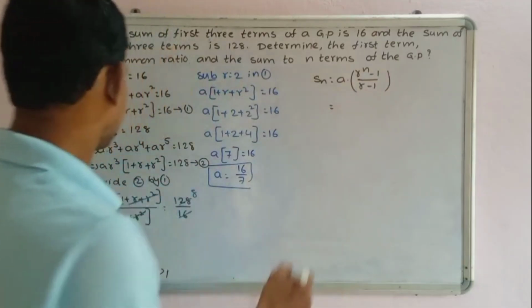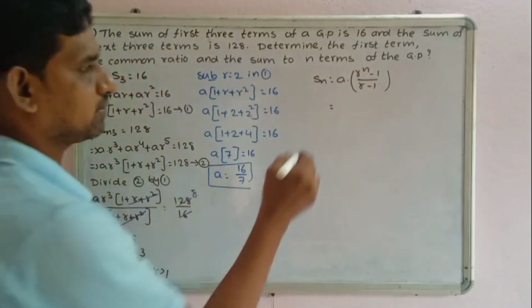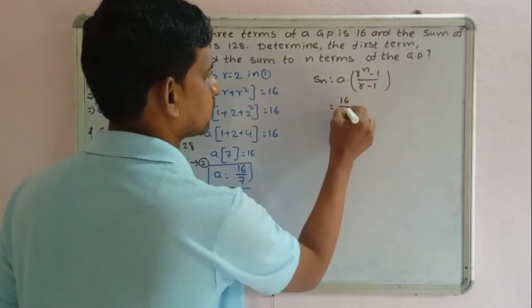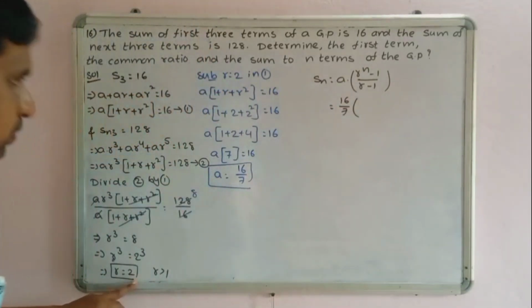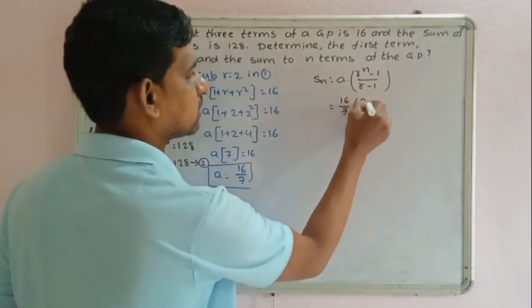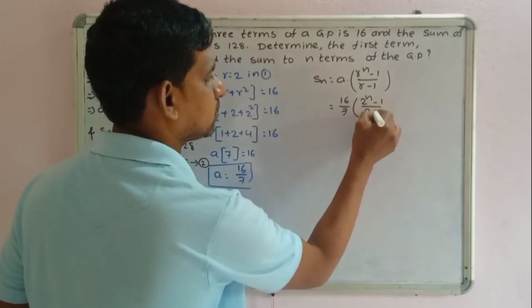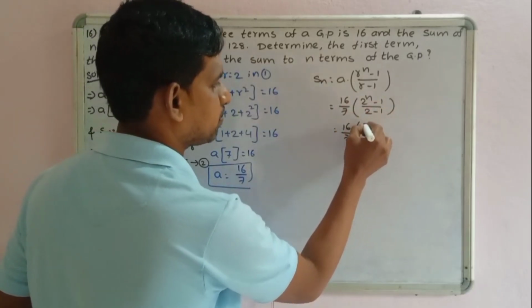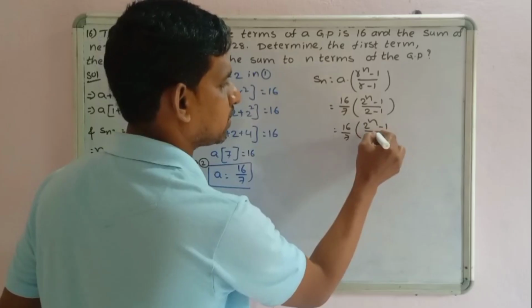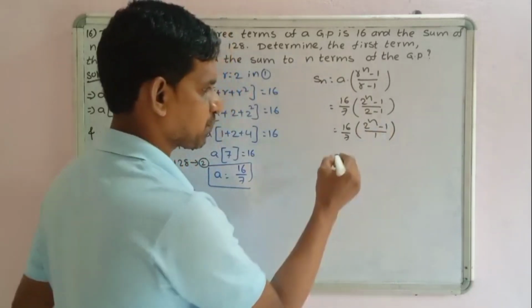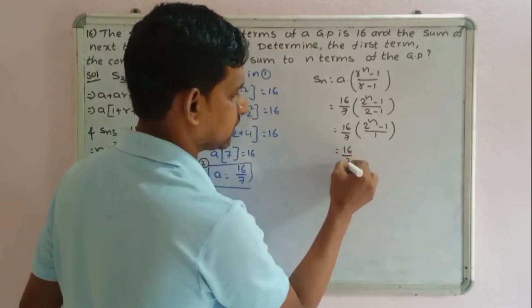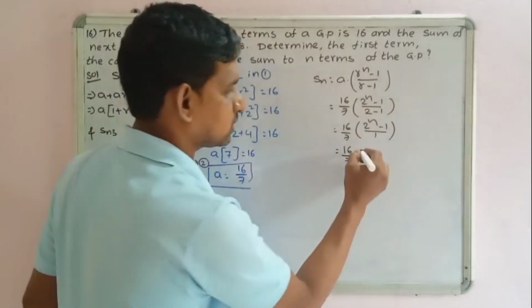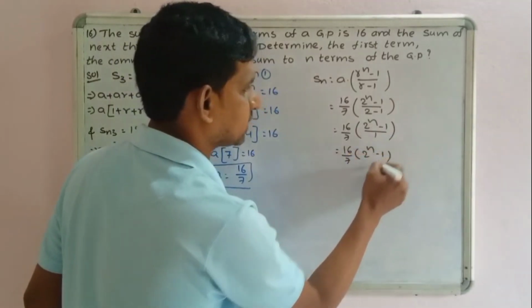Here the value of a is 16 by 7, into (2 power n minus 1) by (2 minus 1). 2 minus 1 is 1, so it is 16 by 7 into (2 power n minus 1).